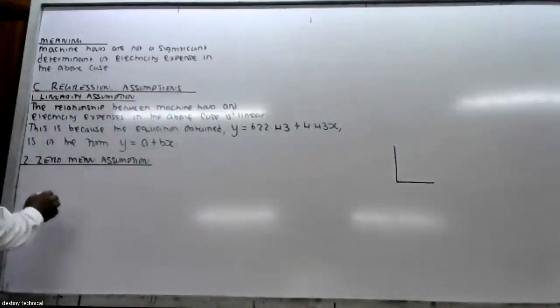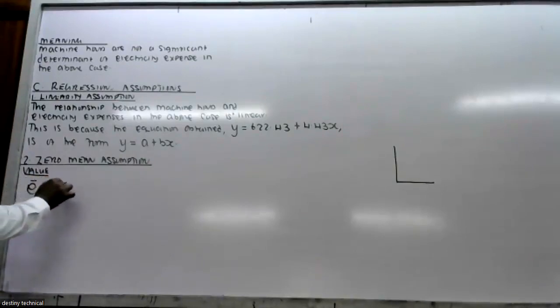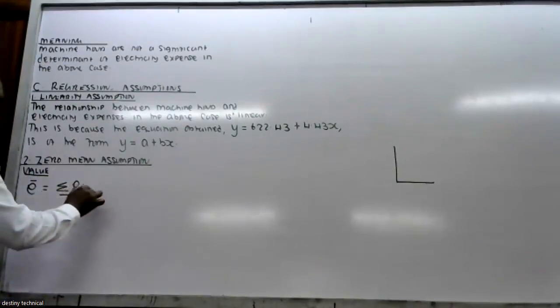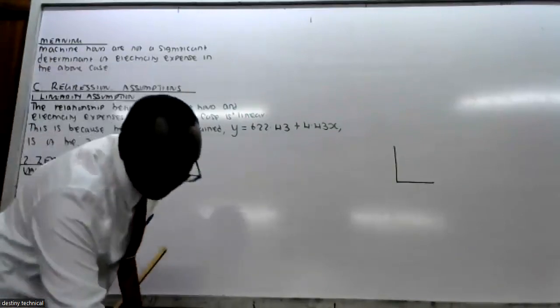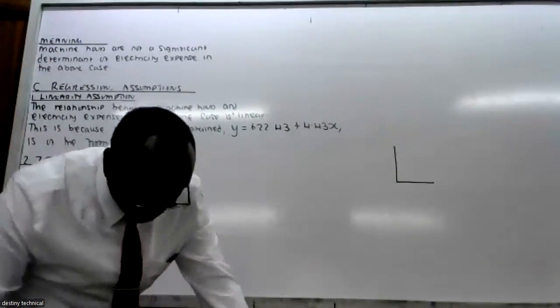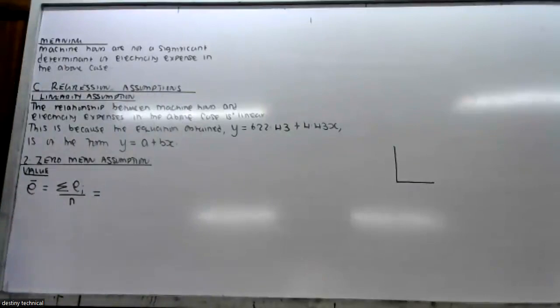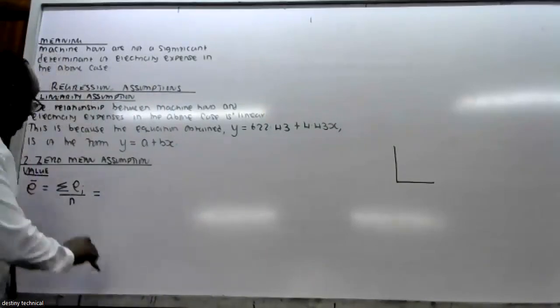So in this case, we will need to get the value. So how do we get the value? E bar is given as the sum of the EIs, and you divide by n. The EIs are the error values in our table. I want you to read for me what we have gotten as the total for the error values.